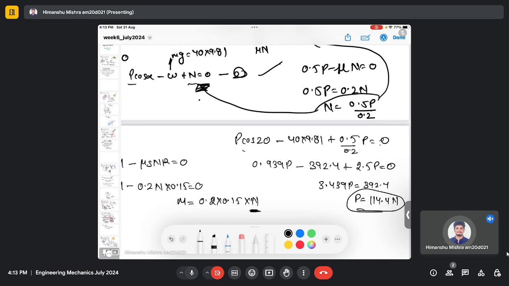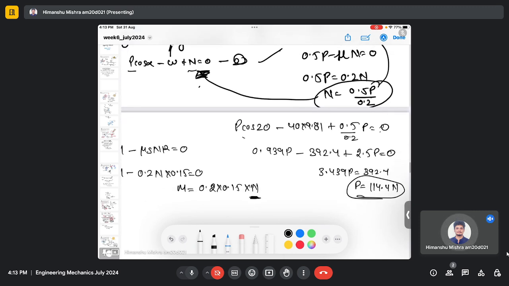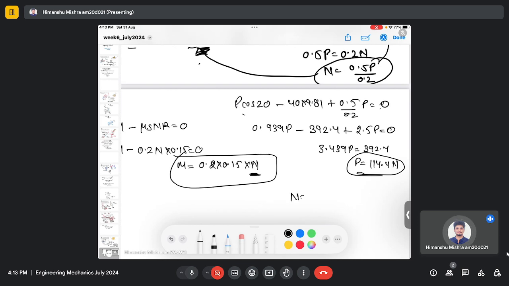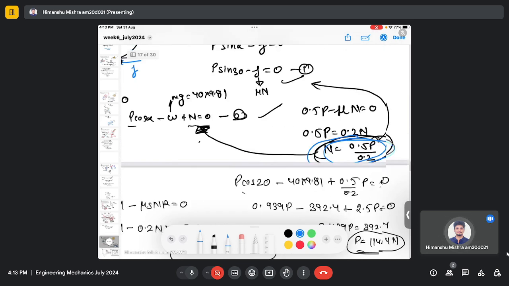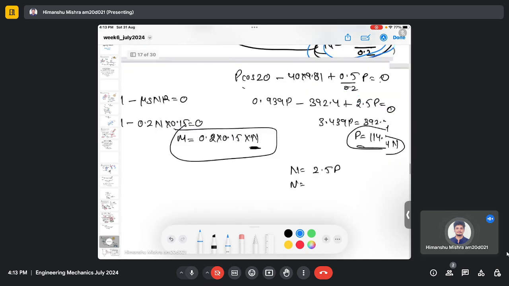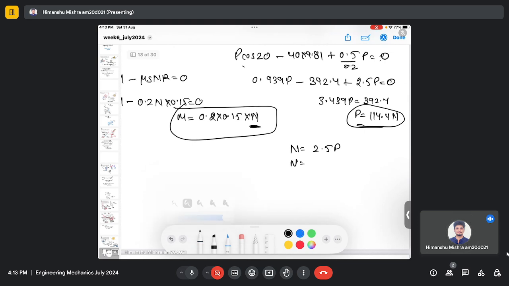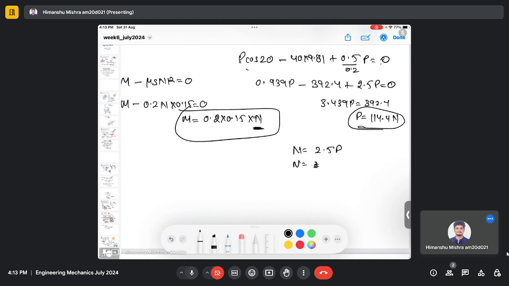Now you can actually put the value of P here to find N, because we require N to calculate the unknown moment here. So N will be 2.5 P. So we are using this expression here. You can even substitute in equation 2 or in equation 1 to calculate the unknown N here. So it will be 286 Newton.